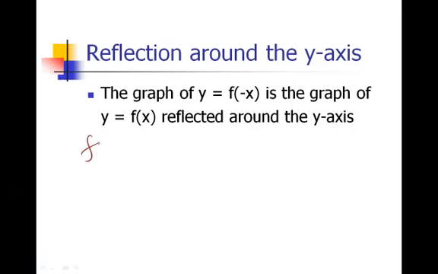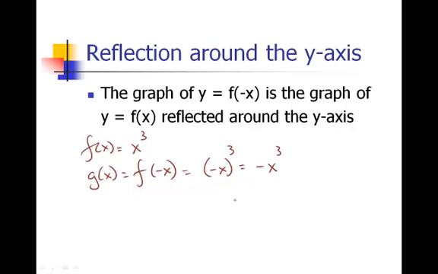So if I have f of x equals x cubed, and then I want to take g of x as the reflection around the y-axis of f of x, if I change x with negative x, now the signs will change. My regular x cubed function looks like this.